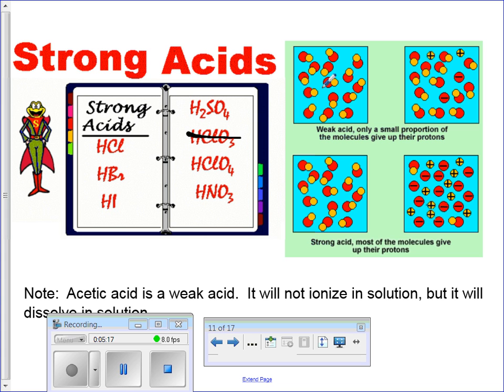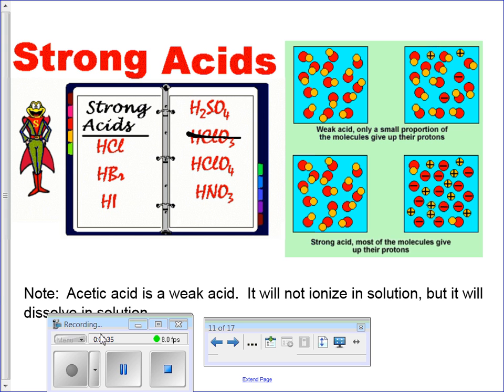If you have a weak acid, when it's put into water, it does not dissociate to an appreciable extent. Only 1 to 2% of the molecules will dissociate into positive and negative ions.